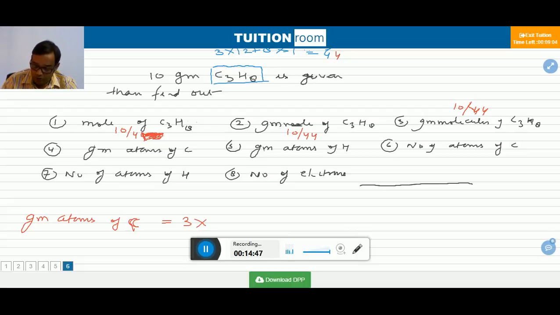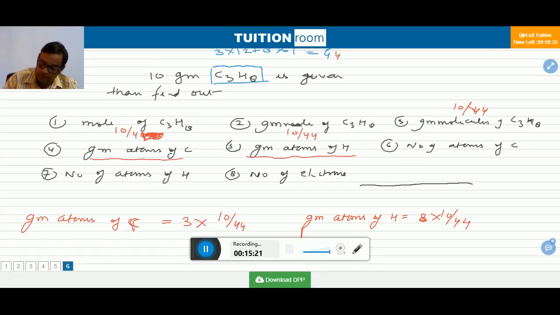So 3 into mole of propane, this is 10 by 44. Now gram atoms of hydrogen is equal to 8 into 10 by 44. So this part is over and this part is over.